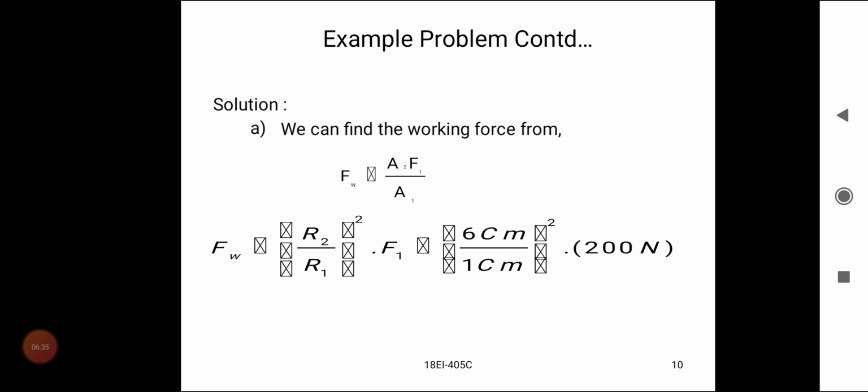So Fw equals (6 centimeters by 1 centimeter) squared of 200 newtons, which gives a working force of 7200 newtons.